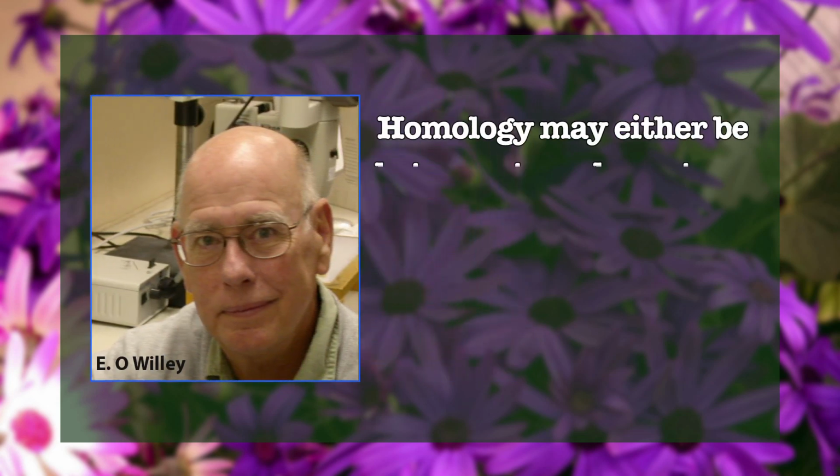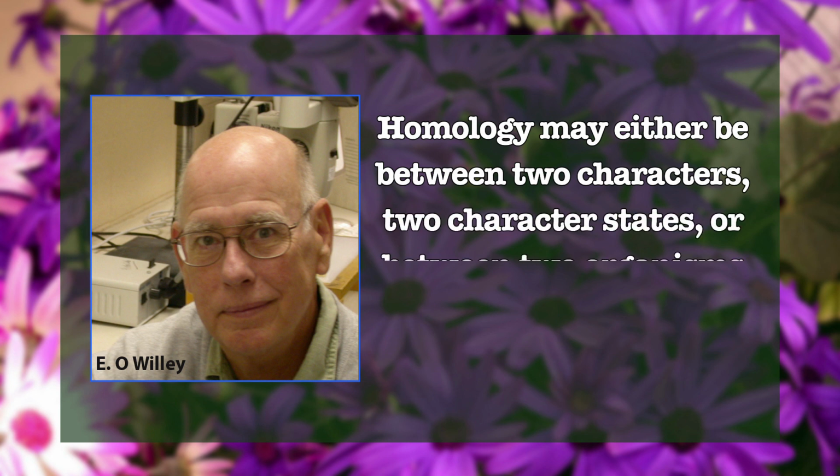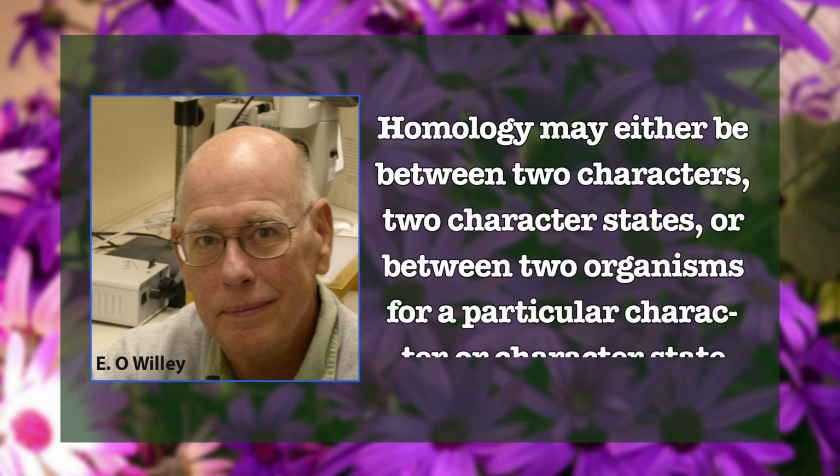Homology may either be between two characters, two character states, or between two organisms for a particular character or character state. Two characters or character states are homologous if one is directly derived from the other. Such a series of characters is called an evolutionary transformation series, also called a morphocline or a phenocline.